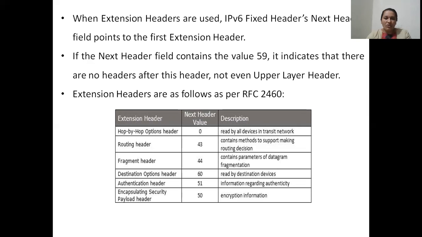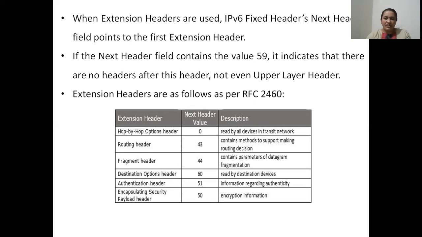This will be read by all the devices in the transit network. If the next header value shows 43, this stands for a routing header. This contains methods which support the routing decisions by the router. What routing algorithm is used to prepare the routing table and to establish the virtual path is indicated by this particular header.